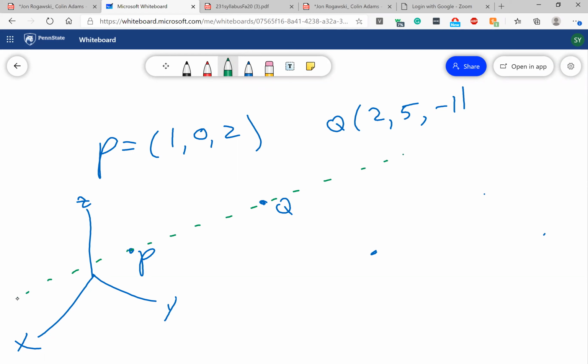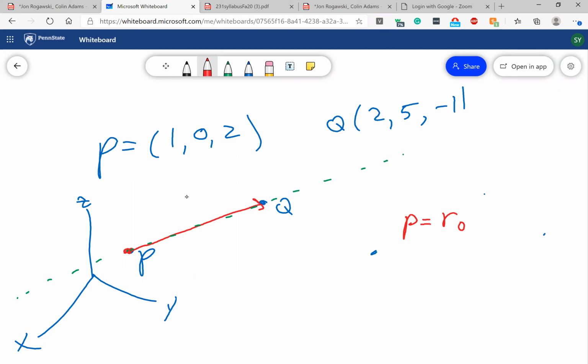So the way to do this is, again, any equation for any line, you want to find one point on the line, and we call that point, let's say, R0. So let's choose this point to be our R0. So the point P is equal to R0. And then we want to find a vector on that line.